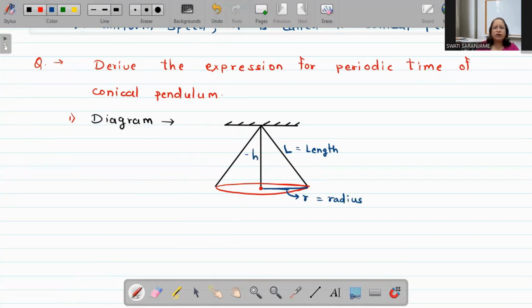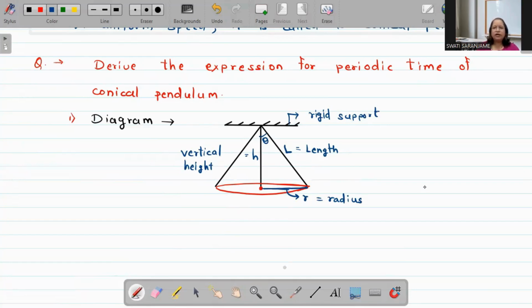This is vertical height. This thing is rigid support. And this is the angle theta made by that string with the vertical. So this is our, yeah, that's right.